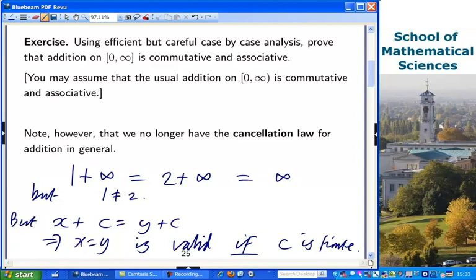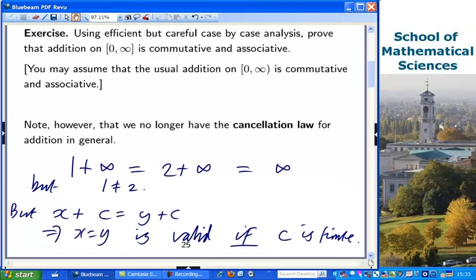So we do have a little bit of the cancellation law left. That's basically the old cancellation law plus a special case where x and y might both be infinity. If c is finite and x is infinity, then y has to be infinity as well. So it does work still.